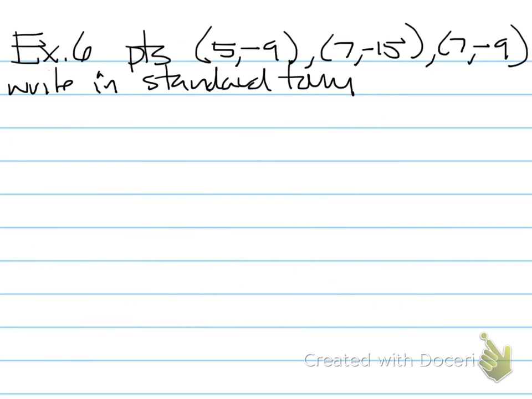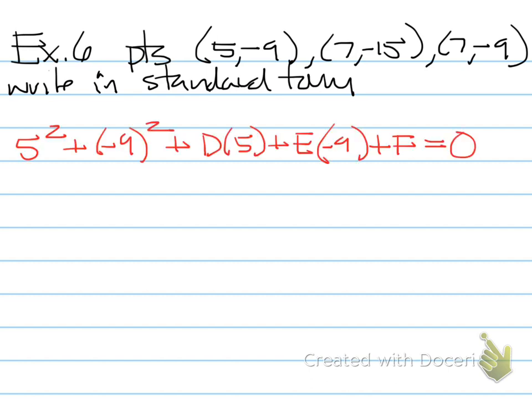And then lastly, we want to write in standard form the equation of the circle that has these 3 points on the circle. So we're going to use the general form to write the equation. We're going to plug in the first coordinate, plug in 5 for the x's in the general form of a circle, and then plug in -9 for the y.